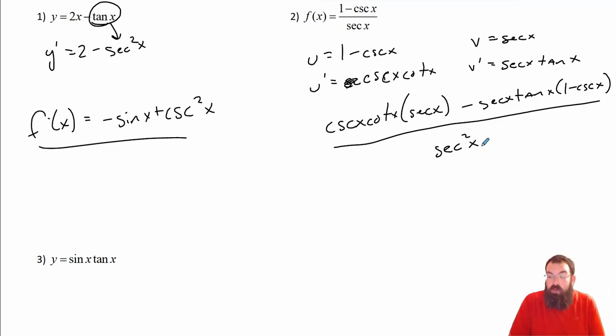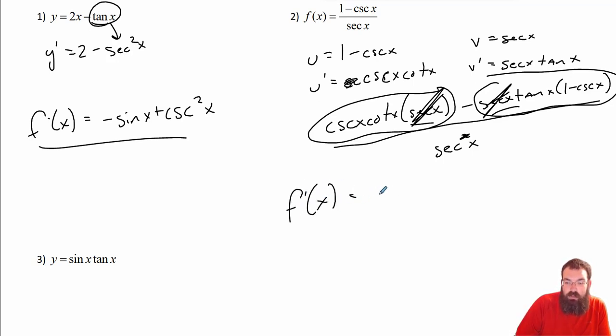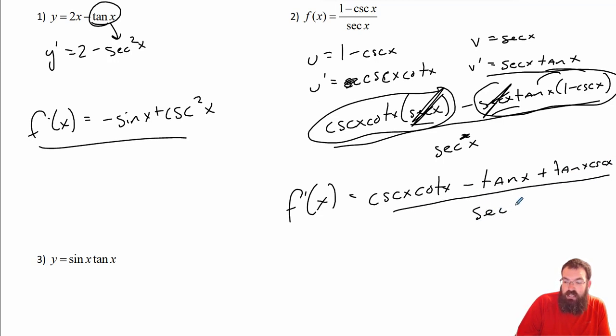Oh, this is actually pretty cool. So this is an awesome kind of thing here. So in my notes, because this term has a secant of x and this term has a secant of x, I can cross those out, and I'm left with f prime of x is equal to cosecant x cotangent x minus, I want to distribute that through, tangent x plus tangent x cosecant x, and all of that's over secant x.